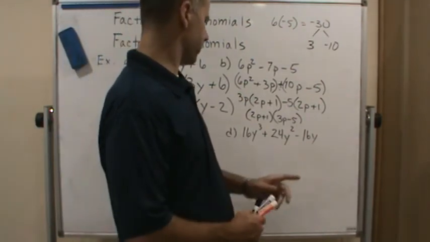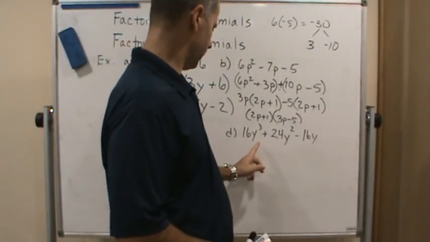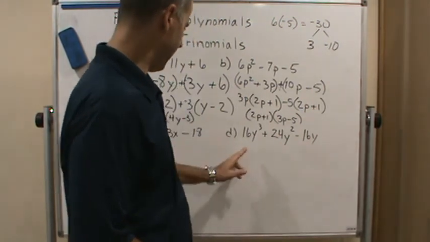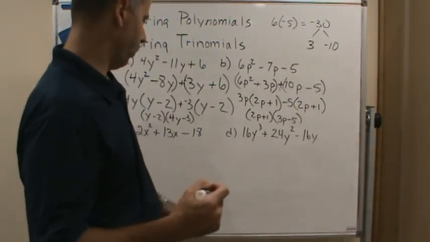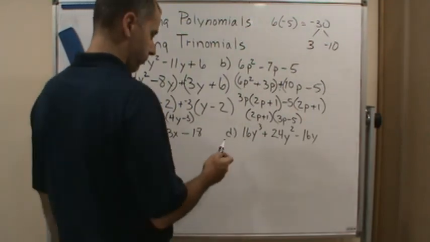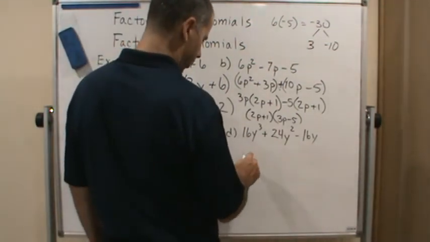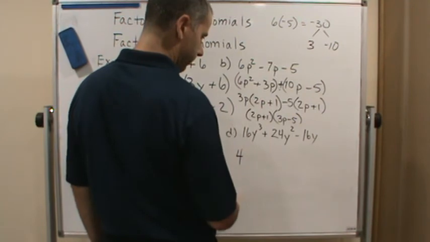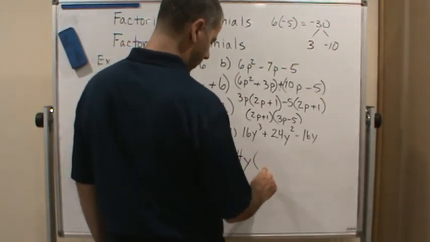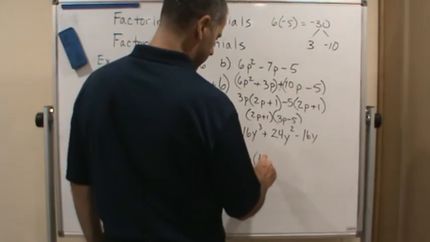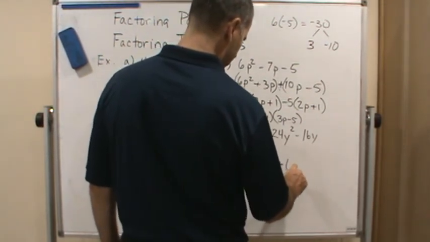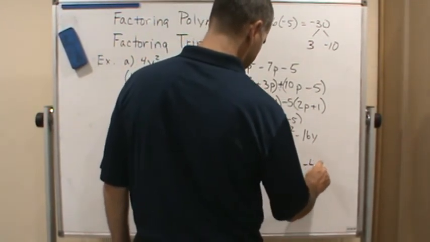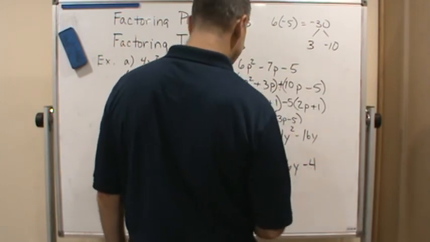So right away I know there's a common factor that I can pull out. In fact, I see that there is a greatest common factor that I can pull out, which is 4. So I'm going to pull out a 4 here. In fact, I'm going to pull out a 4y first. So now that gives me 4y squared plus 6y minus, oh wait a minute, there's more, 8.